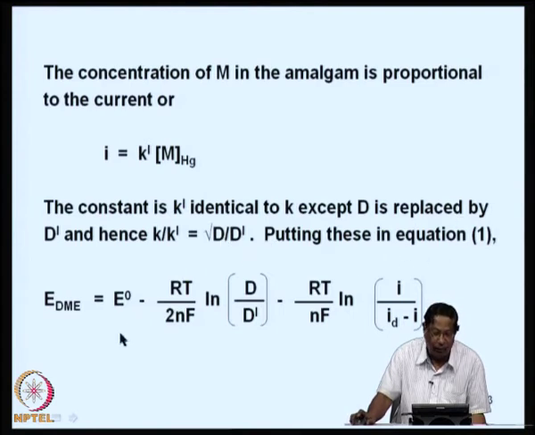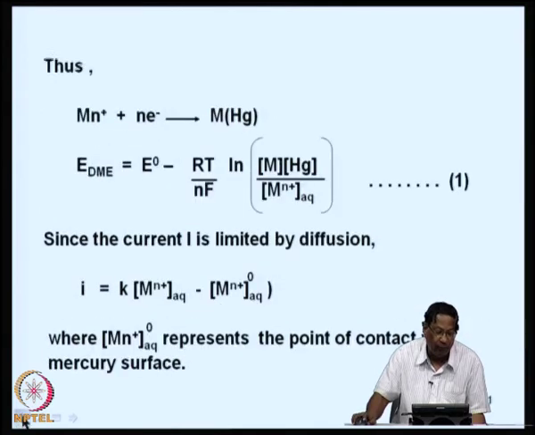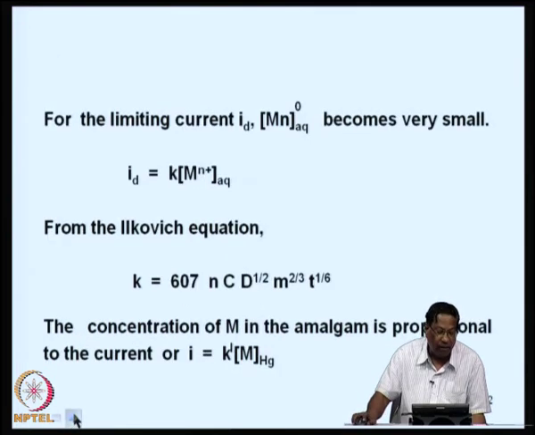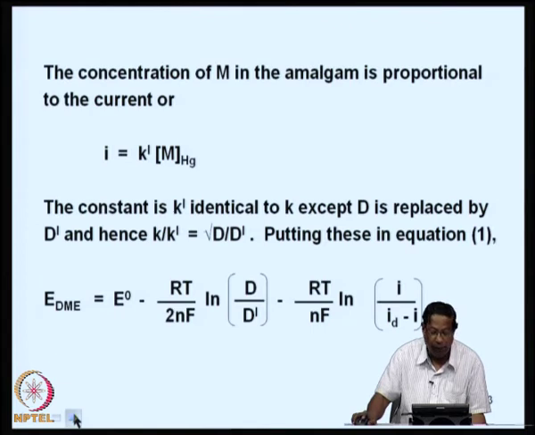These equations I am going to put in equation number 1, that is, in this equation E is equal to E naught minus RT by nF. For E_dme, E is equal to E naught minus RT by nF, because it is cadmium, it is 2, ln, because it is square root, I have taken it here as 2, and then ln D by D dash.